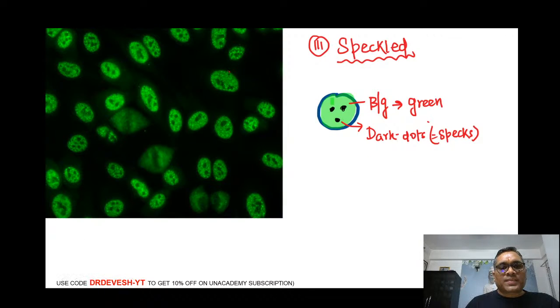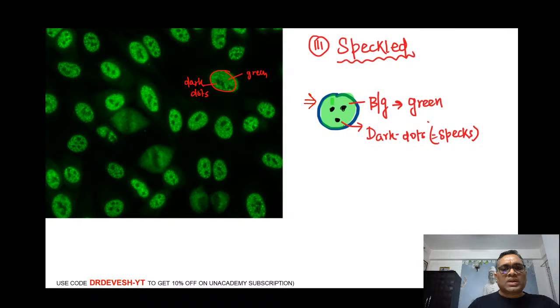Now look at this one. This is the nucleus. How is the background? The background is green, right? And you can see these are the dark dots. Now the representative nucleus I have drawn here.